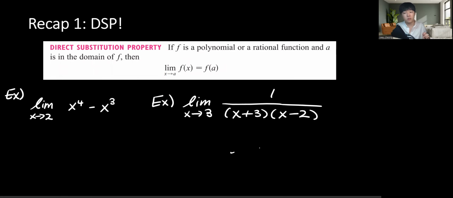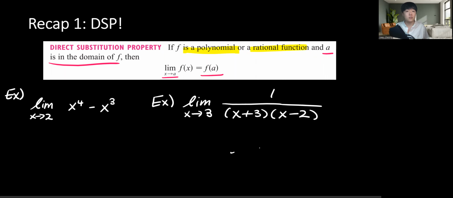What the direct substitution property says is, if the function is a polynomial or rational function, and this is very important, and a is in the domain of f, which means that the value x is approaching has to be in the domain of f, then the limit of f(x) will be exactly equal to f(a).